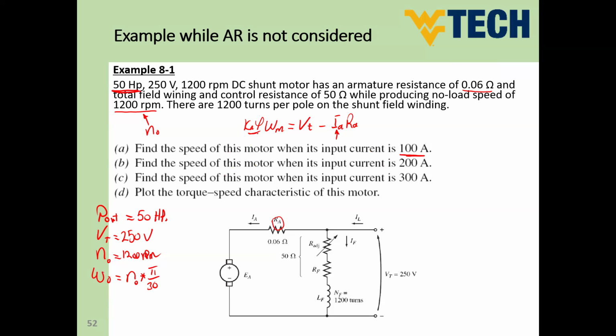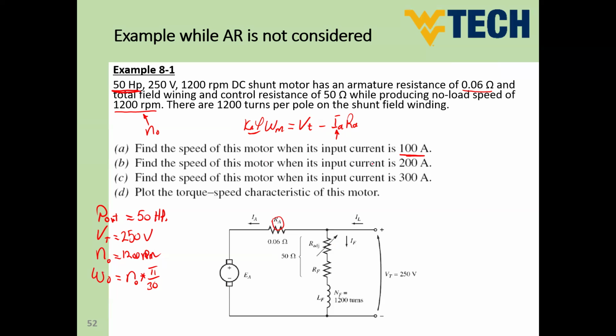And we are going to assume that the flux is constant, so the Ka phi is going to be constant. And this means our resistance will not be changed for the time being in order to have a constant value of Ka phi. So in this case, we can use this operating point to calculate the motor speed at another loading condition, since the value of flux is going to be constant.